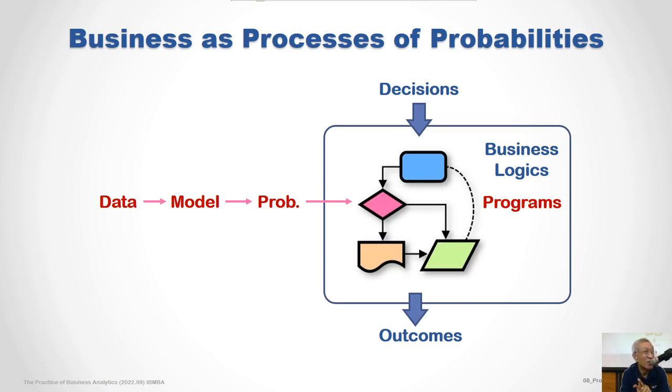If you are talking about risk management, you want to know the expected outcome and the variation of the expected outcome. But in our course, because we only have one semester, in the following course I will always focus on the expected outcome. But don't forget that uncertainty is still there, and if you want to deal with the uncertainty better, you will have to take risk management into account. But that I do not have time to cover.